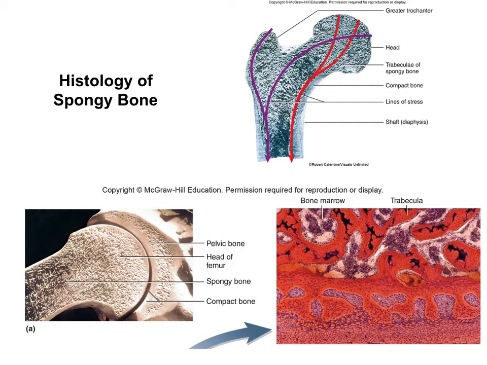And the reason is that because these trabeculae are so thin, your osteocytes are not very far away from your bone marrow, meaning that the osteocytes can actually absorb by diffusion what they need from the bone marrow. Both red and yellow bone marrow have really good blood supplies. So your little osteocytes can actually just absorb by diffusion everything they need from the tissue surrounding them.